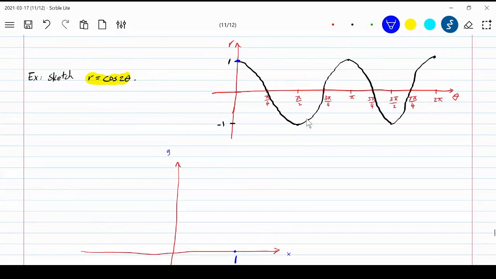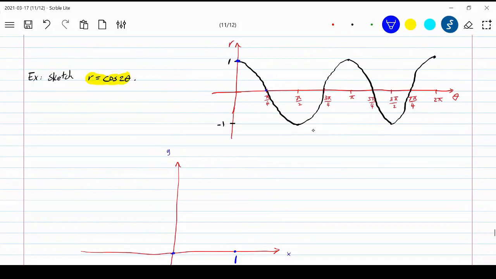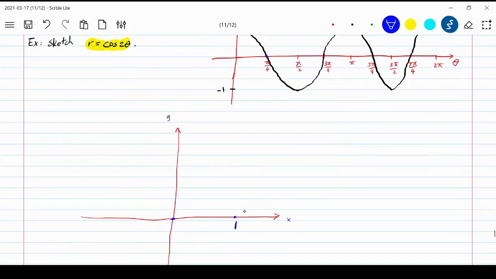Next point that makes sense is this point. Where is that point? It has radius 0. So somehow we have to end up in the origin. But what happens to the curve is, as the angle increases, the radius is decreasing. So you would have such a shape. As the angle increases, the radius is decreasing.